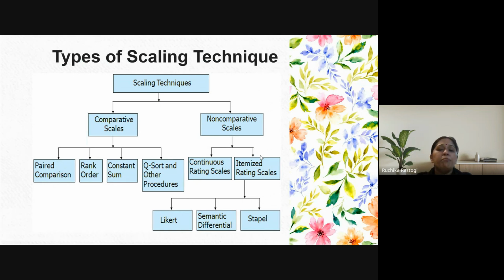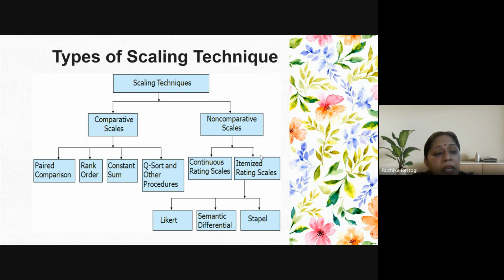Now, this is more important, because whenever we are about to decide in what way a question should be asked, generally only one way comes to mind: the Likert scale. But it is not the only way to measure responses. There are comparative scales and non-comparative scales too.